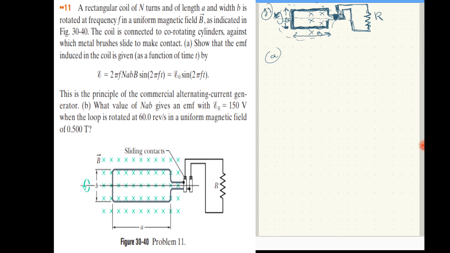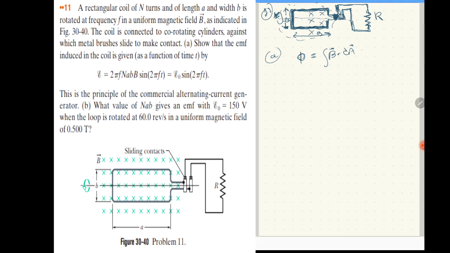By definition, the flux equals the integral of B scalar product the element of area.